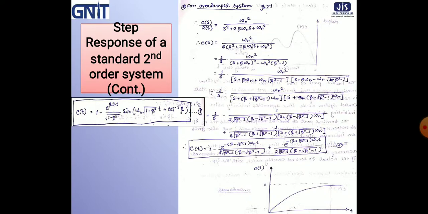And this is our step response of a standard second order overdamped system. Overdamped system means zeta is greater than 1. That's why it is called an overdamped system. So this is our response of a standard second order overdamped system.